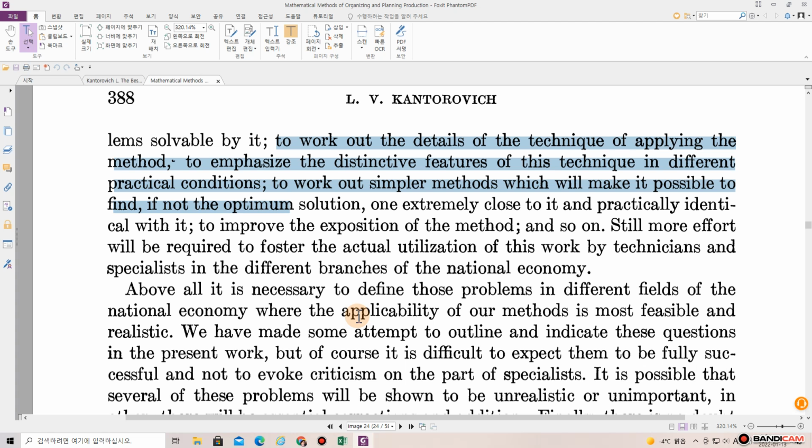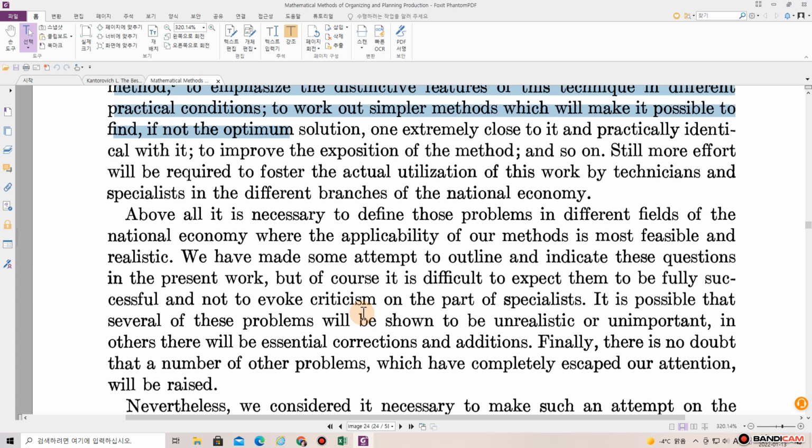Still more effort will be required to foster the actual utilization of this work by technicians and specialists in the different branches of the national economy.